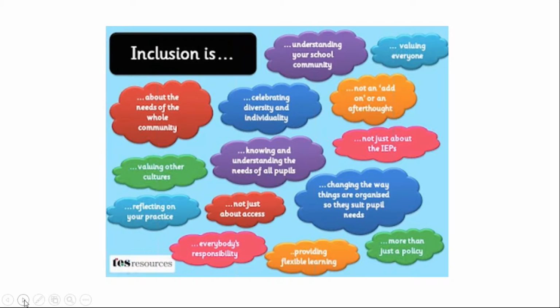It's thinking about how we can actually celebrate diversity and celebrate the needs of all the different communities that your school looks after and represents. That's why in these webinars it says more than just a policy: it involves all areas of school life and all areas of the governor's role as well. We really look at everything through the lens of inclusion.